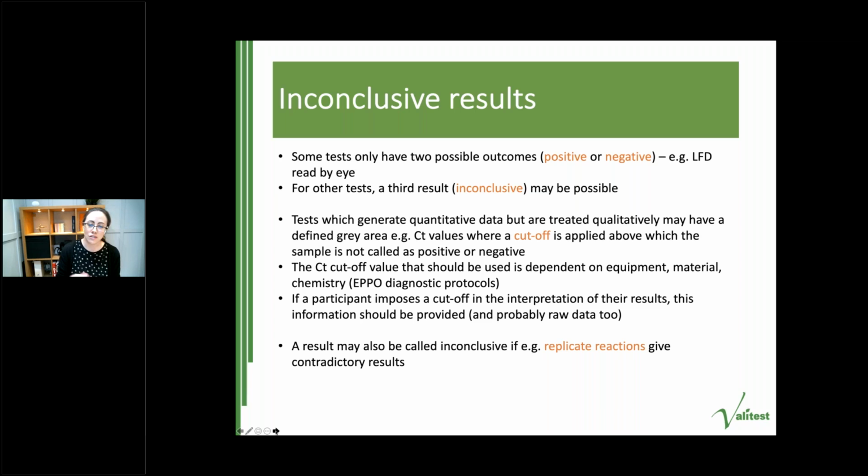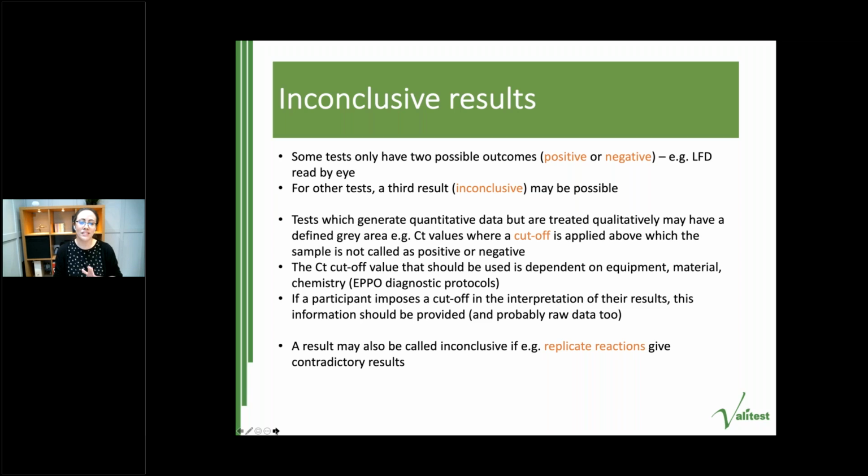And for tests where the result is qualitative, but the data generated is quantitative, then we can define a sort of grey area in the test. For example, having a cutoff value in a real-time PCR. So we're not talking about a cutoff value where, for example, you run the real-time PCR for 40 cycles, but anything over 36 cycles is called negative, because that's just the definition of a negative result.